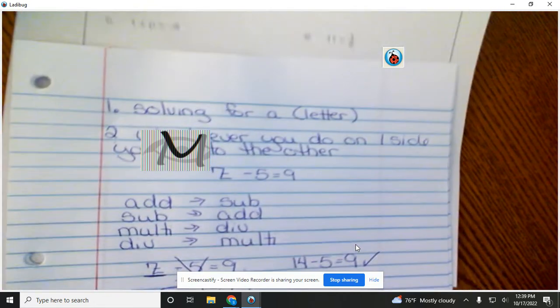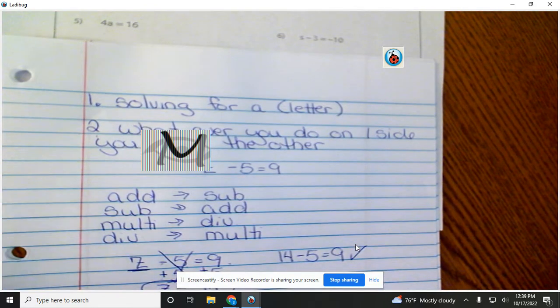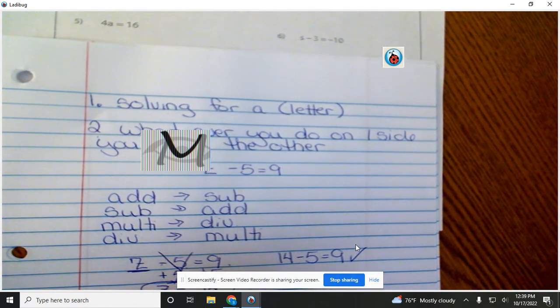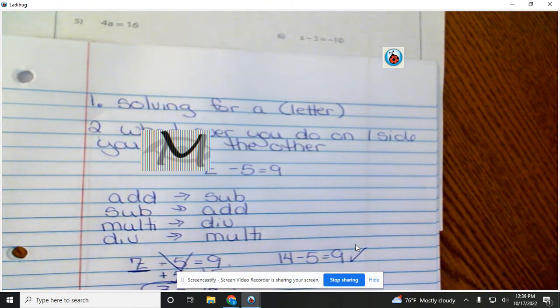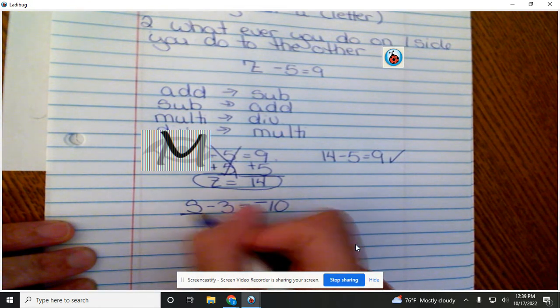So if we go back and we look over here, we have s minus 3 equals negative 10. So we want to get s by itself.